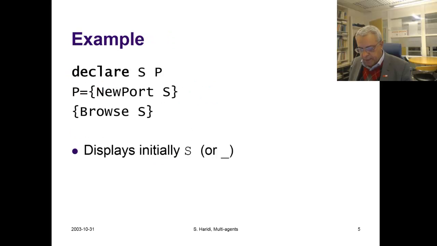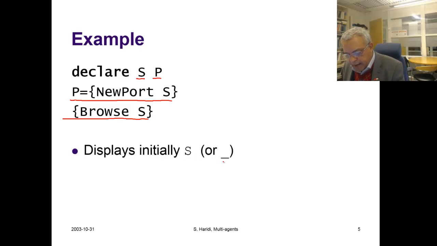So let us look at an example. Here we declare stream S and a port P. Here we create a port. At this point P is bound to a port, which is an association of a name to a stream. Here we can browse that stream. Initially the browser will display just an unbound variable. In fact, it will display a read-only view of that unbound variable.